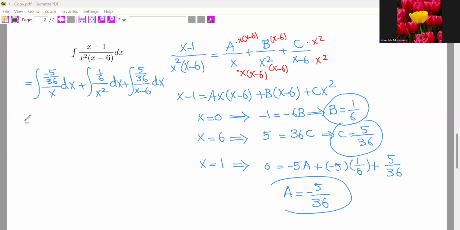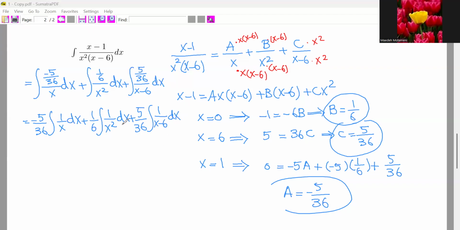For the first step, we bring out the numbers. Negative 5 over 36, the integral of 1 over x dx, plus 1 over 6, integral of 1 over x squared dx, and the last one, 5 over 36, integral of 1 over x minus 6 dx.